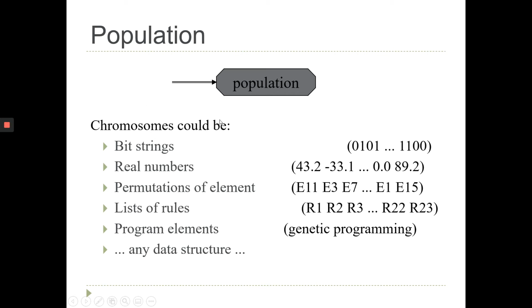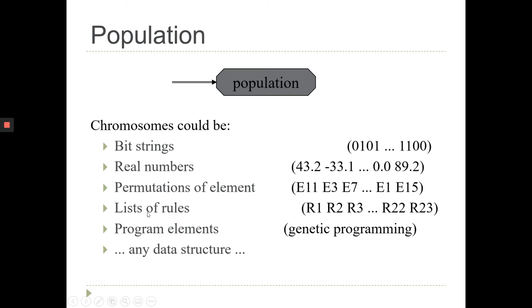So the chromosomes, or population, can be a bit string, or can be real numbers in the chromosome, or can be a permutation of elements. Elements can be in a sequence, for example from A1 to A15. Each chromosome has a different sequence, but you don't have any value outside of these values.